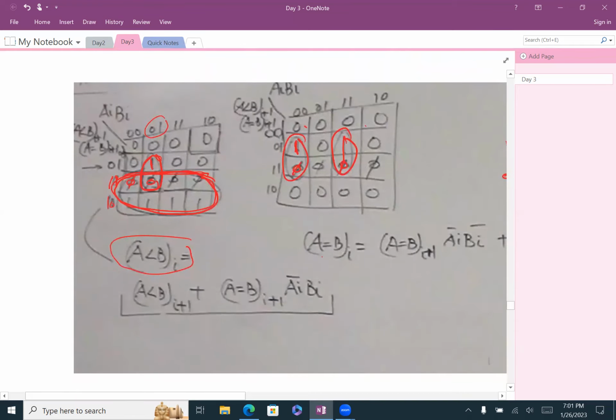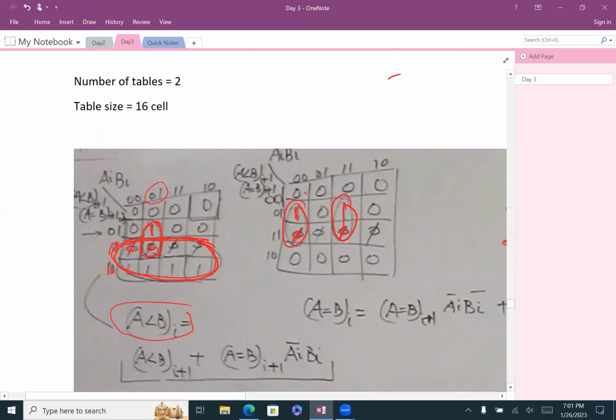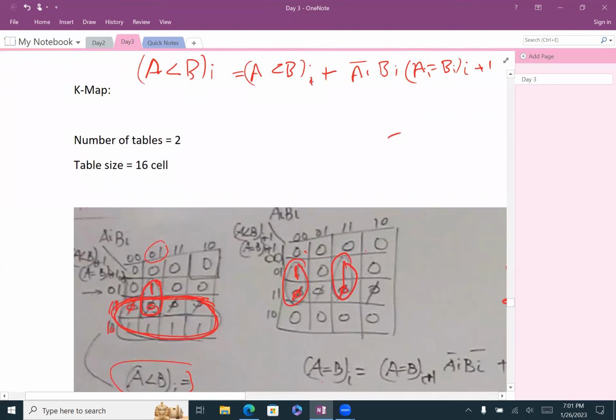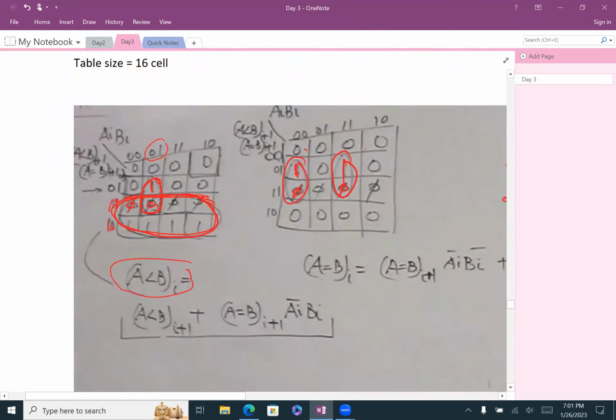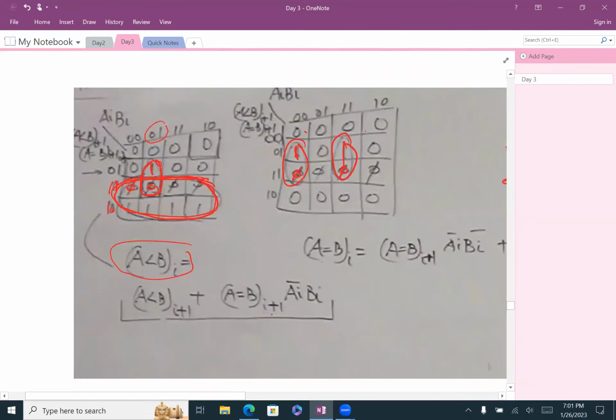Let's just see, just to confirm. So it's A less than B at I plus 1, right? And then you will have A equal B, or A bar B bar, A bar and B bar. Can you explain that to me, guys?